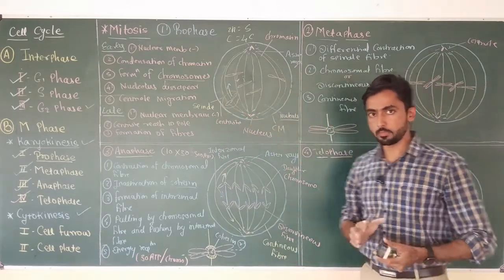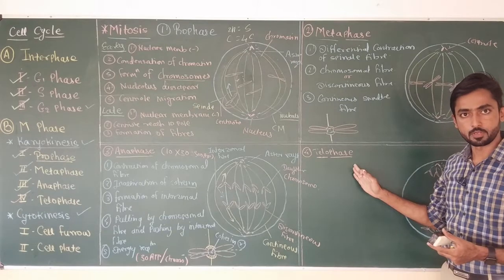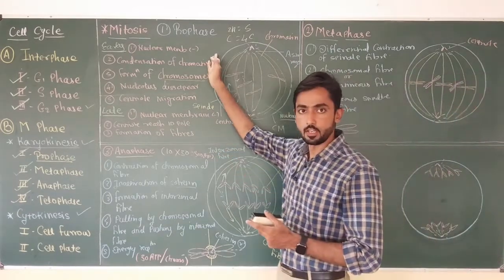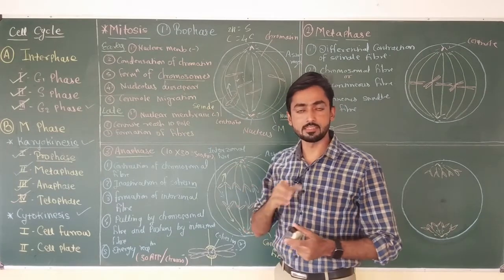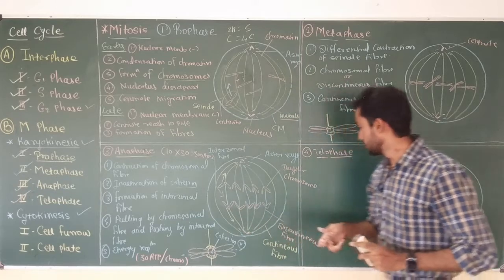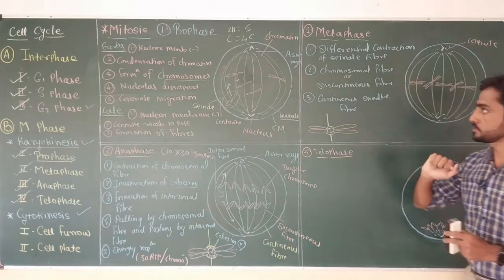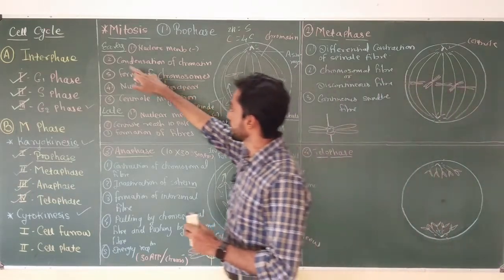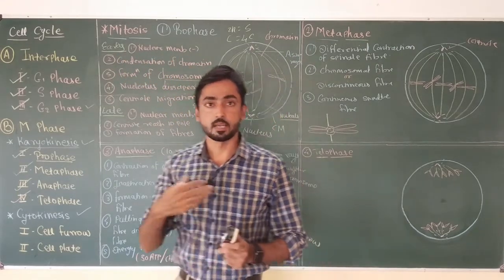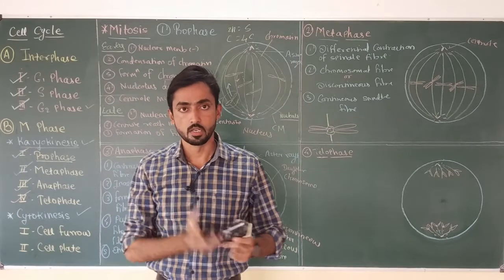So if you want to remember telophase, just understand prophase. All the activities which happen in prophase will get reversed in telophase. The first thing is that in early prophase, the nuclear membrane starts disappearing, or starts dissociation.